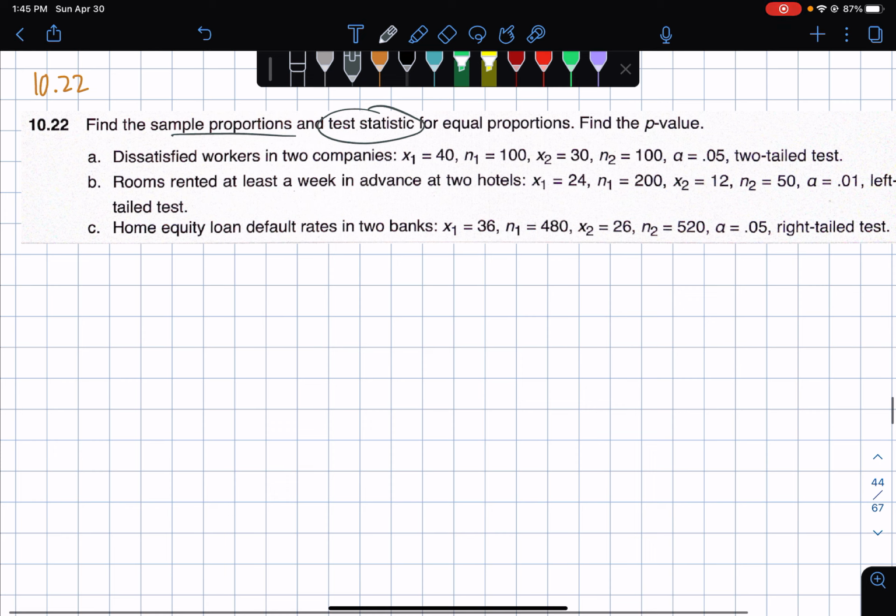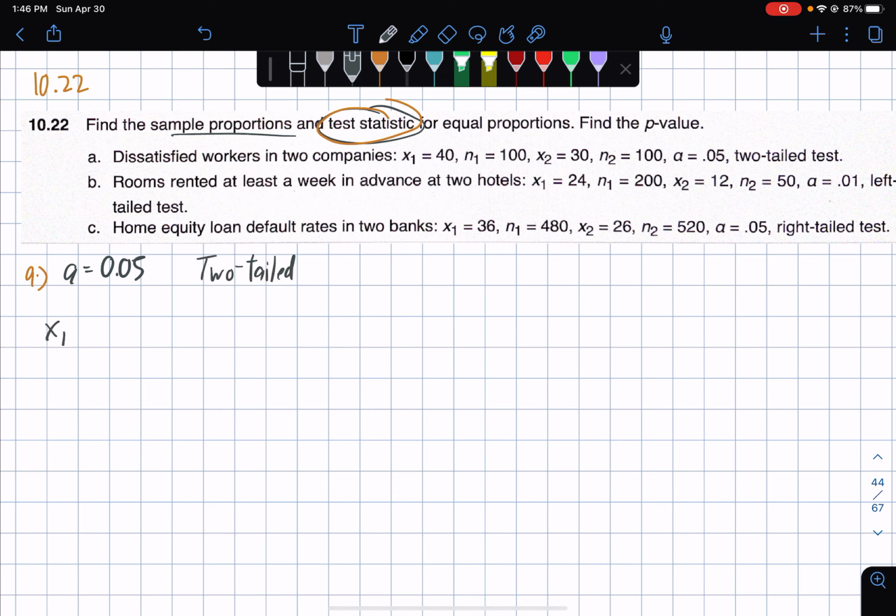I can guarantee you that we'll be finding this, but not this one. So, letter A. We're given alpha is equal to 0.05. This is a two-tailed. And then we have x1 equal to 40, n1 equal to 100, x2 equal to 30, and n2 equal to 100.